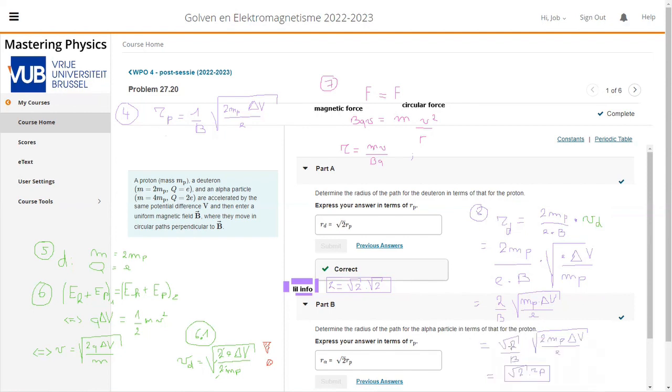That's what I did here: the root of 2 divided by B, and then I put some 2 there to make it equal to the previous one. And it's also the answer. You just do this for these 2 the same way, and you will find the same thing.